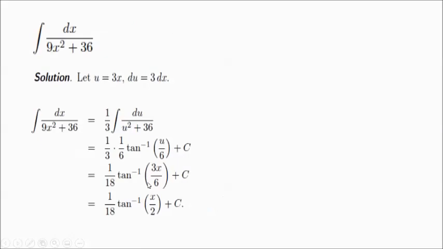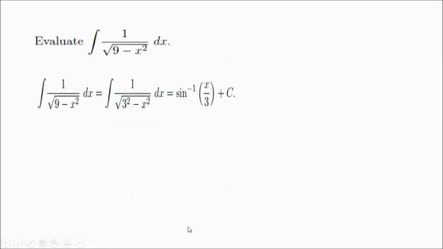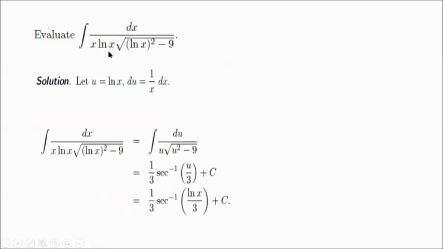Another, yung last na inverse secant. So yung u dito class is ln x. Derivative ng ln x is 1 over x dx. Ngayon, mapapansin nyo dito, meron ng dx over x. Diba? So ibig sabihin, yun na yung du. And then meron dito ln x, yun yung u natin, diba?